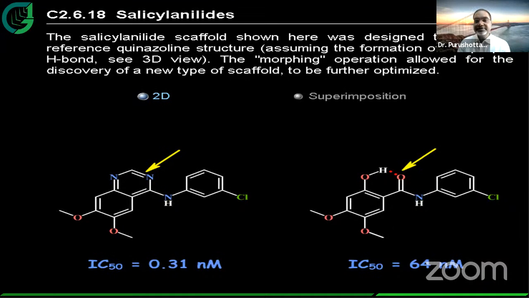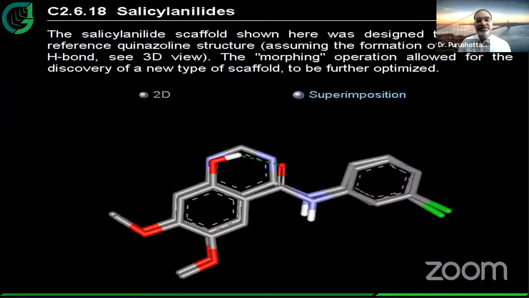So this is a very interesting example. If you have a kind of scaffold where you can replace the bond with a simple hydrogen bond, you should look at your projects. Here again, the superimposition is shown.